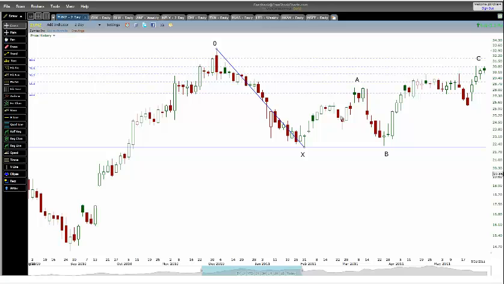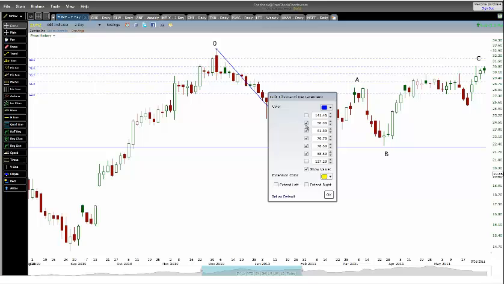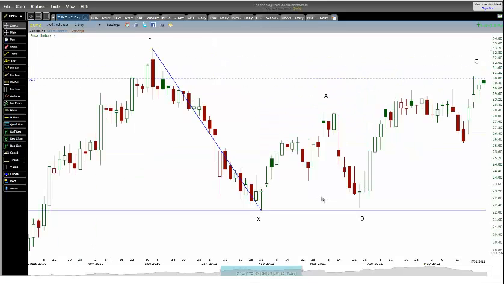However, we can really look at the other subcomponents of the pattern in order to determine where the highest probability reversal zone is. So I'm going to go in here and delete all the other retracements except that 78.6. Now, the next objective point we're going to look at is this A to B move.